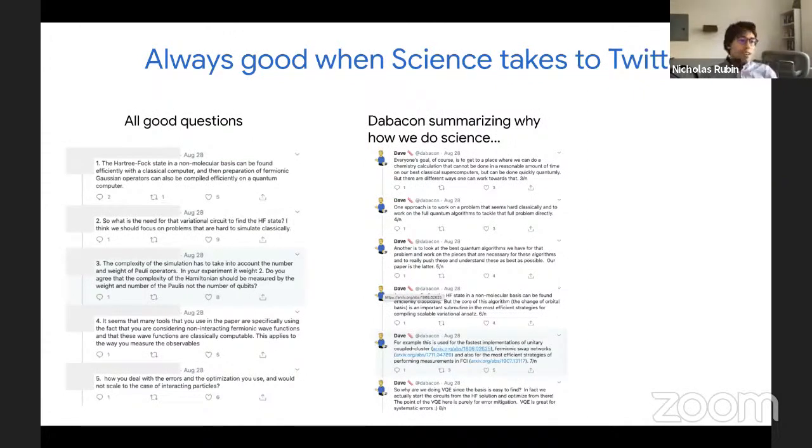Okay, so after we put this paper out, to my surprise, it was discussed on Twitter of all places. This is probably a little too small to read, but I do think this person is asking good questions about the paper and why we actually did this simulation. For example, the first couple of questions are exactly: well, Hartree-Fock is efficient to simulate, so why do you need to do this on a quantum computer?